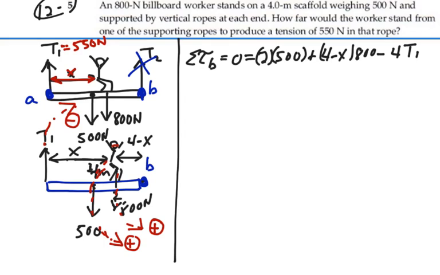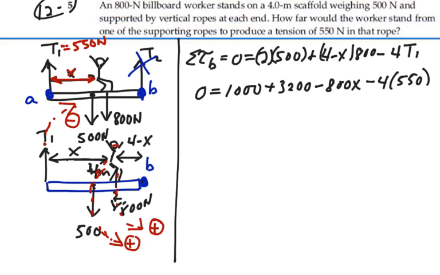I probably could have put that in right away. So we have 0 is equal to 1,000 plus 3,200 minus 800x minus 4 times 550 for T1.